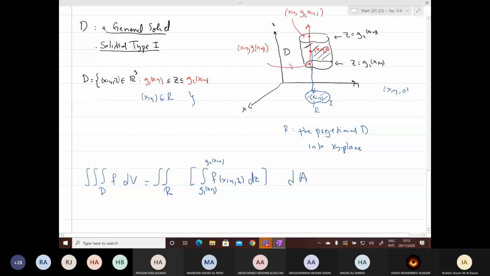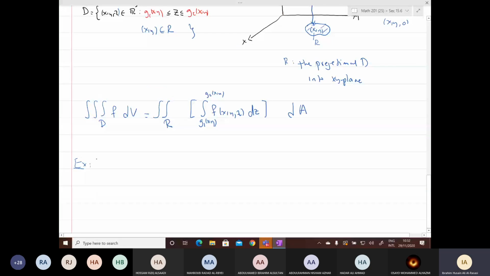So let me now give you one example just to see how this will be done. Example: evaluate. As I said last week, in each section you will have two types of problems: evaluation and applications. Now do evaluation.